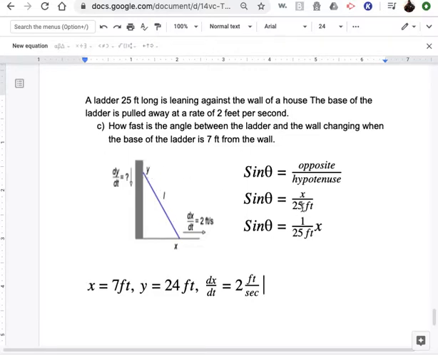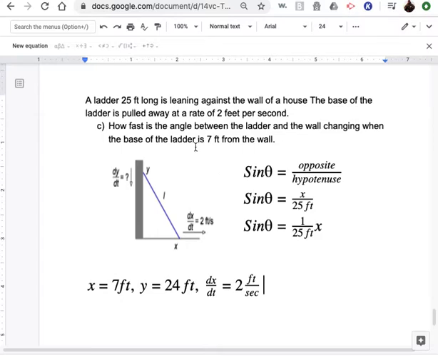I rewrote that as sine theta equals 1 over 25 times x, because now we have a very simple linear derivative: a constant times an x value.